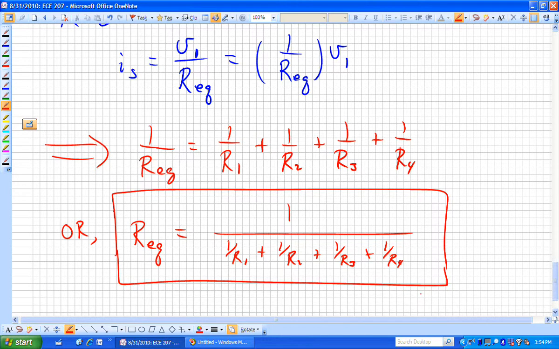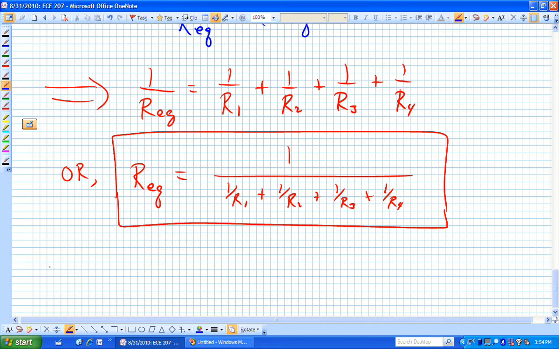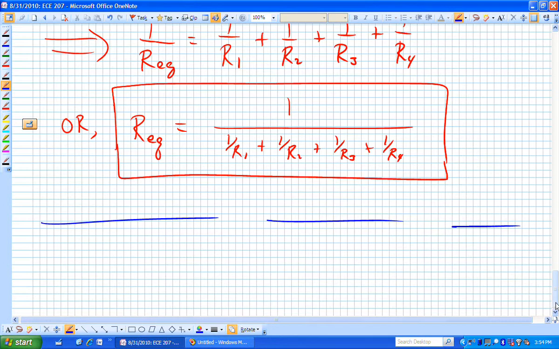If you have resistors in parallel, you then need to use this formula, which is 1 over the sum of the reciprocals of those resistors that are in parallel. And we tried to show why that's the relationship that holds. It's nice to actually have this for a particular case, which is for 2 resistors.